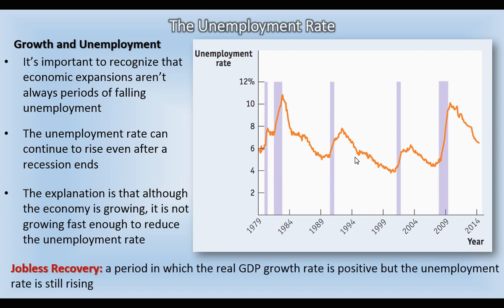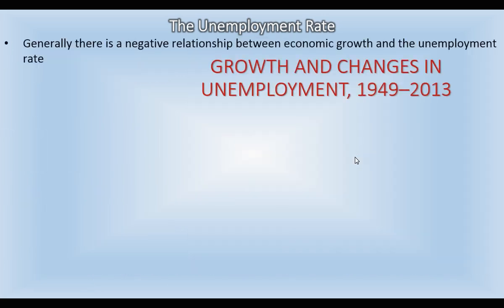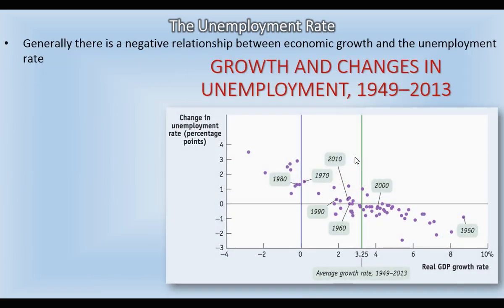So you have what's called a jobless recovery, a period in which the real GDP growth rate is positive, but the unemployment rate is still rising. Generally, there's a negative relationship between economic growth and the unemployment rate, though, in general.